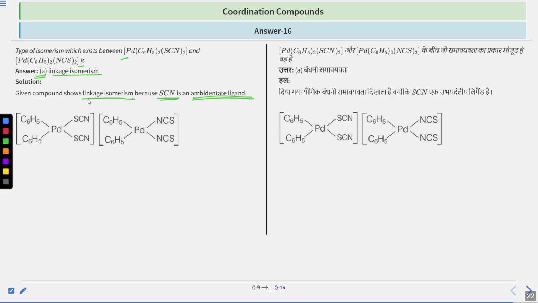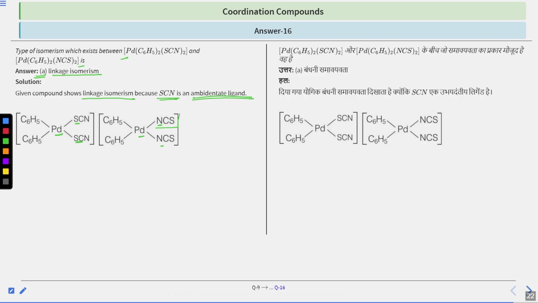For example, if you see this complex structure, palladium C6H5 twice, so 2 C6H5 are directly attached to palladium and 2 SCN are directly attached. You can see the bond is between the palladium central atom and sulfur. But in the second complex, C6H5 twice, palladium and NCS, the bond is between palladium and nitrogen.